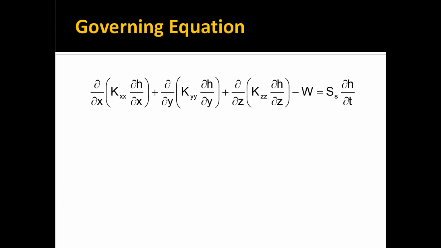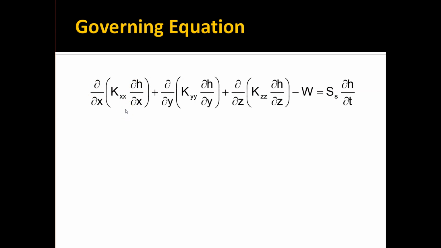Okay, this is the governing equation solved by Modflow. Same one we saw in one of our most recent lectures. The Modflow documentation uses a little bit different notation. These are still second derivatives, but it shows it as a derivative of a derivative.